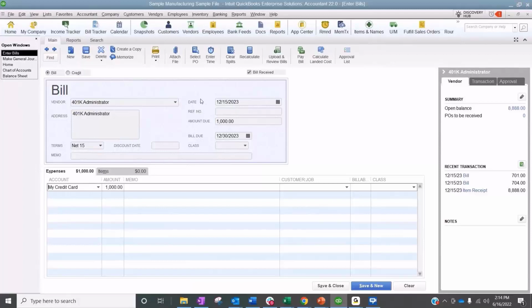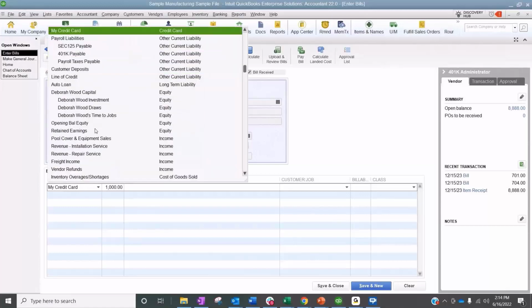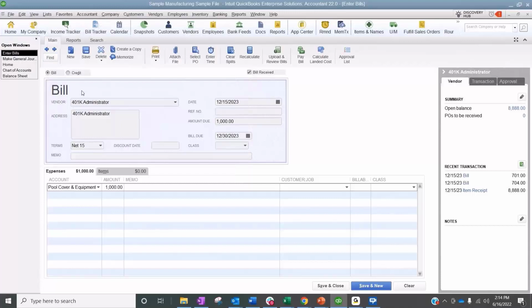So that's why I put the bill in for accounts payable, $1,000. If I, on this side, choose an income account, then it's going to make the income account go down. It's going to subtract away from the income because it is going to debit the income. And because income has a natural credit balance, debiting it will make it go down.